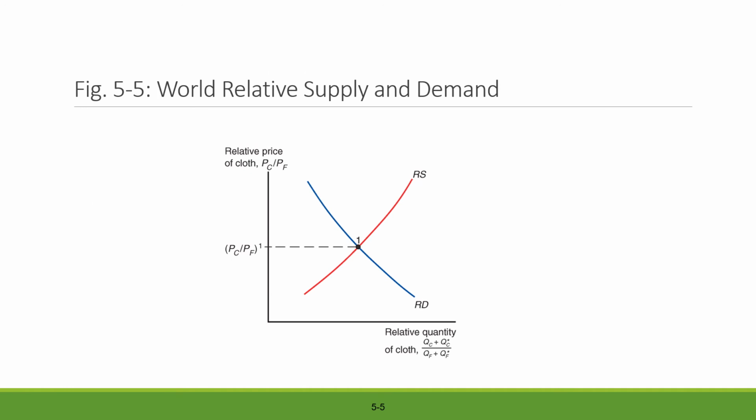Here is a graphical representation of the world relative supply in the red line, and the blue line indicates the world relative demand.